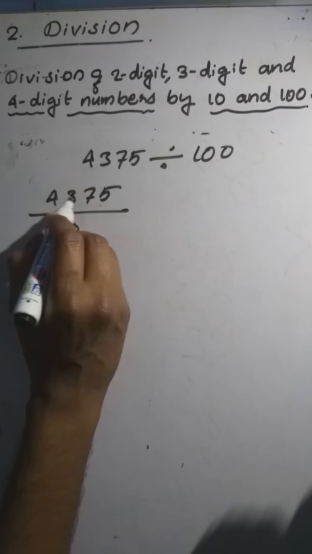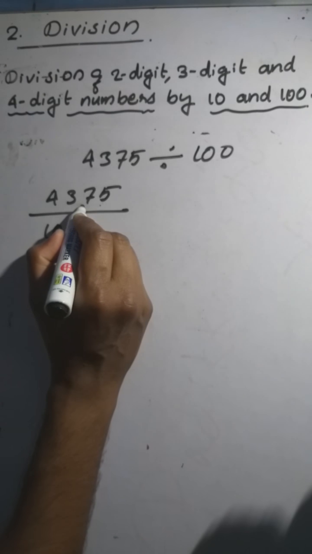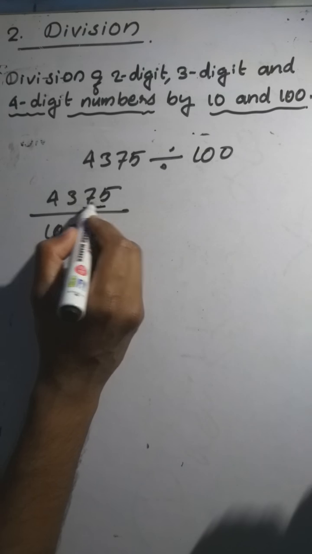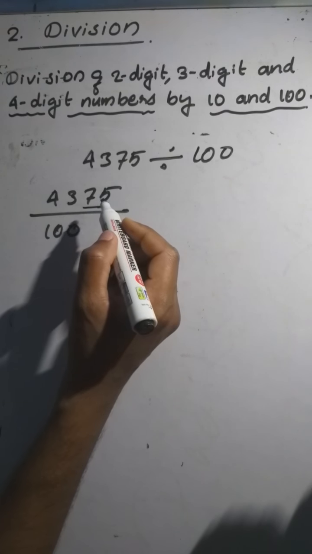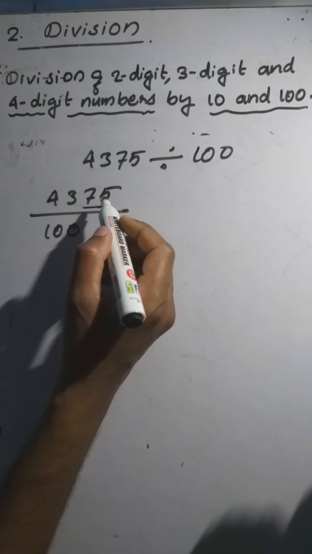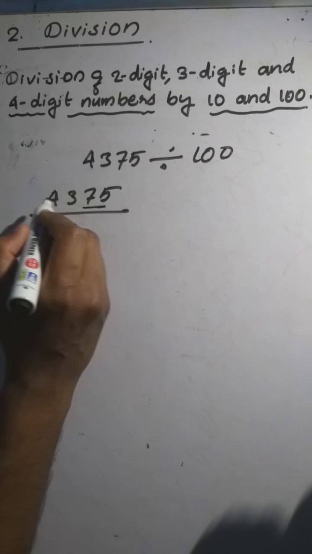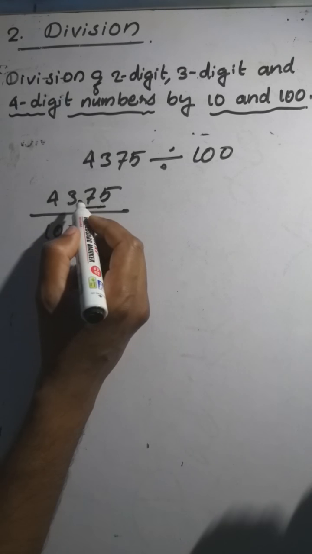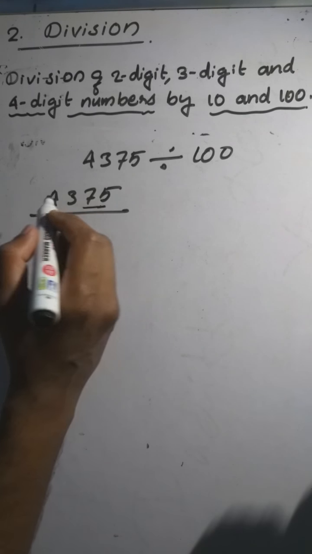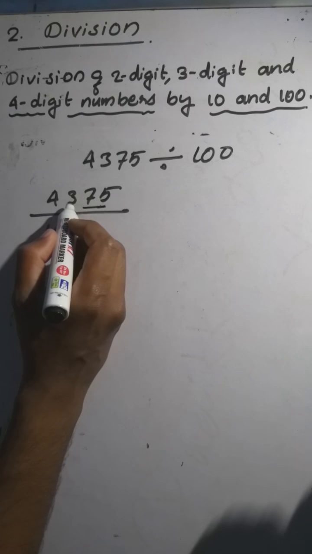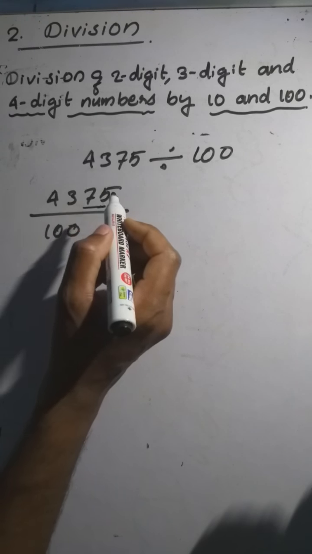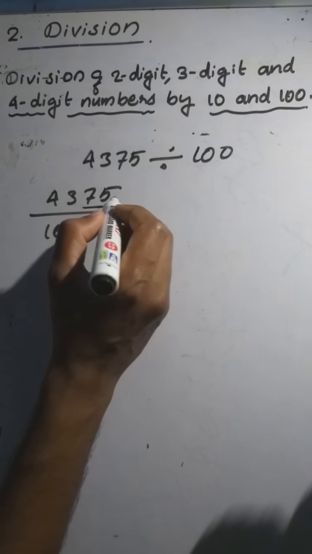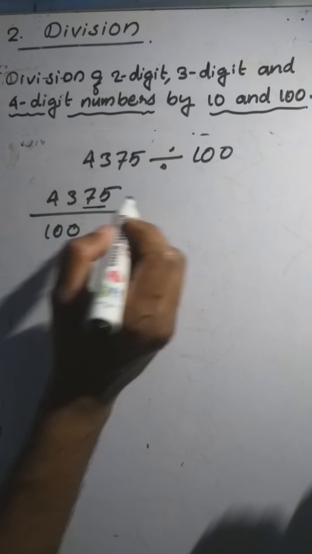Here the remainder will be the ones and tens digits. The number formed by the tens place digit and ones place digit will be the remainder, and the number formed by the thousands place digit and hundreds place digit will be the quotient.